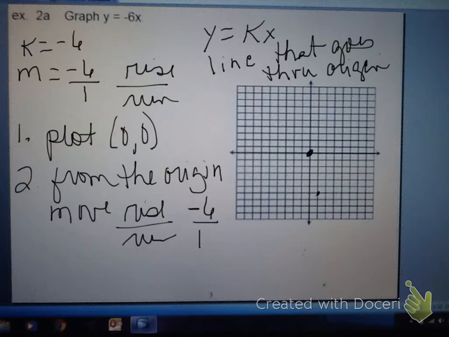I would do it again, except we're going to run out of our graph. So we could put the negative with the 1 instead of the 6. Go up 1 and backwards 6. So let's go back to the origin and go up 6, backwards 1. So we went up and then backwards.